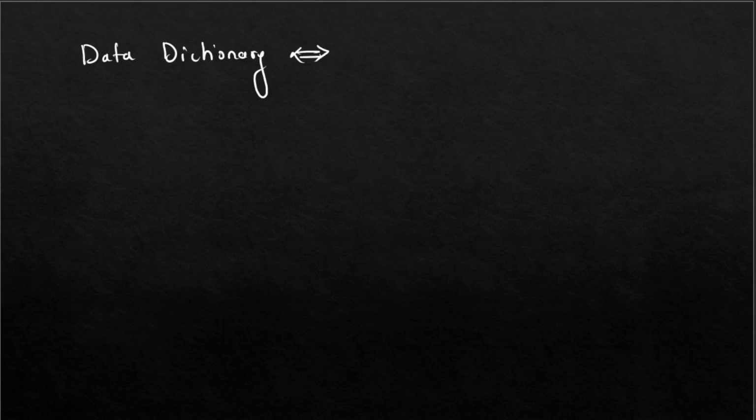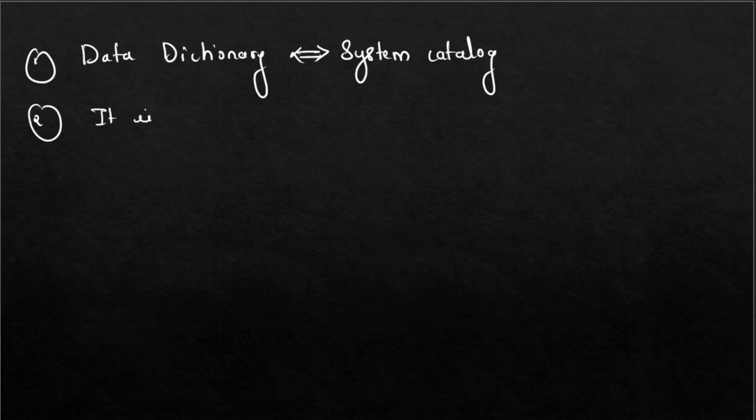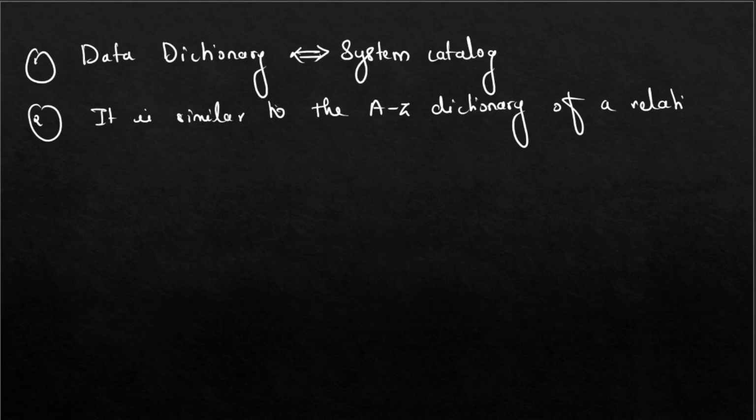Data dictionary is similar to the A to Z dictionary of a relational database system, which is storing all information for each relation in the database.